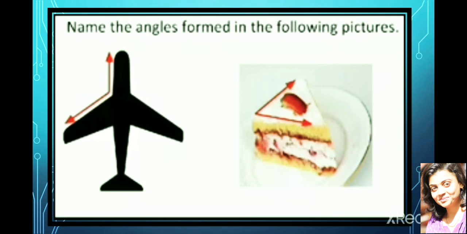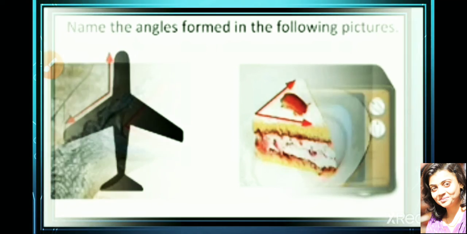Yes, it is the picture of an aeroplane. And which angle does that arrow show? Yes, it is an obtuse angle. Now see the second picture, what do you see? Your favorite piece of cake. And which angle does the red line show? Yes, it is an acute angle.